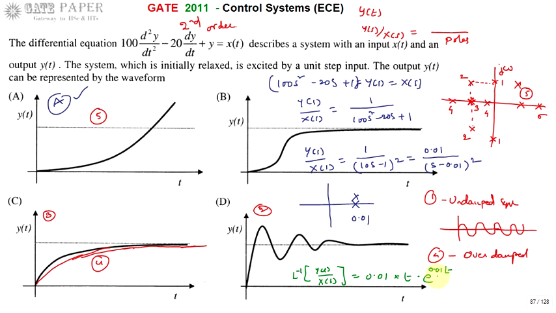This is e power positive, so as time increases the value increases exponentially, and when t is infinite, e power infinity is infinite. So we can prove this from the time domain expression as well as from the frequency domain expression, the transfer function. The right answer for this question is A. Thank you.